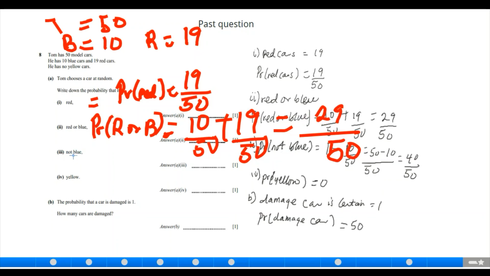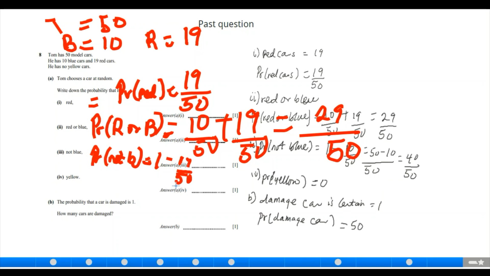So the probability that it is not blue. That implies that it's going to be 1 minus the probability that it is blue. What's the probability of blue? That's 10 over 50. So the probability of not B is 1 minus 10 over 50.